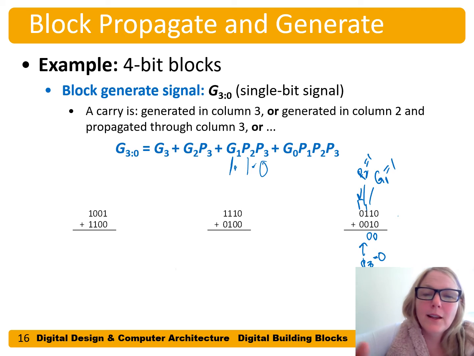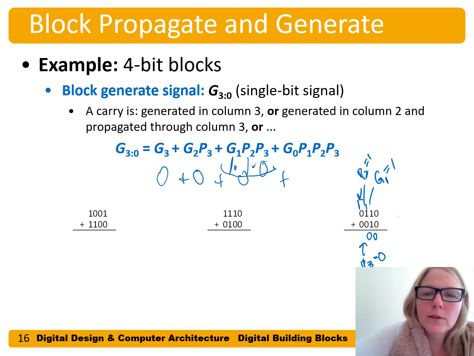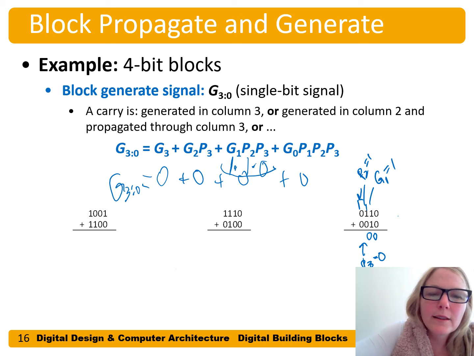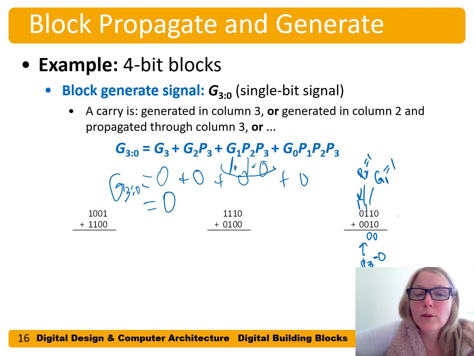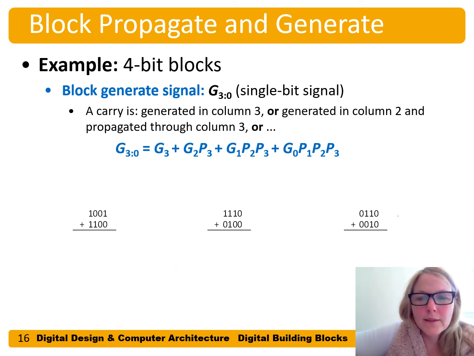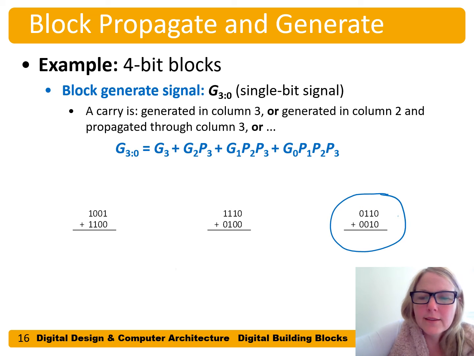And so now we get 0 here, or 0, or 0, or 0, and so this group of 4-bit blocks does not generate a carry within its 4-bit block. G3 colon 0 is 0. Right, if we look at this, it does not generate a carry.